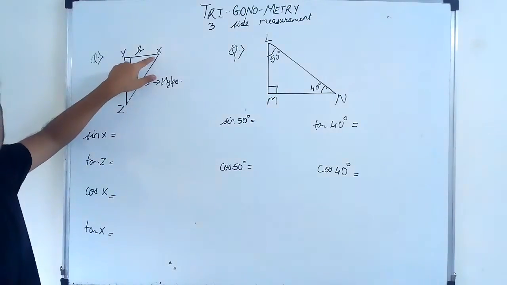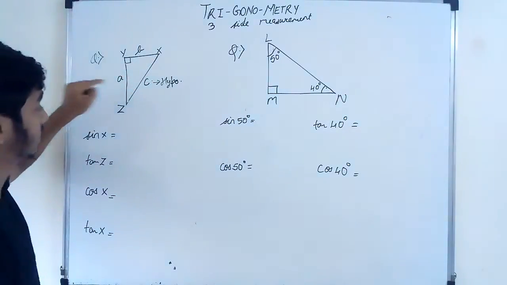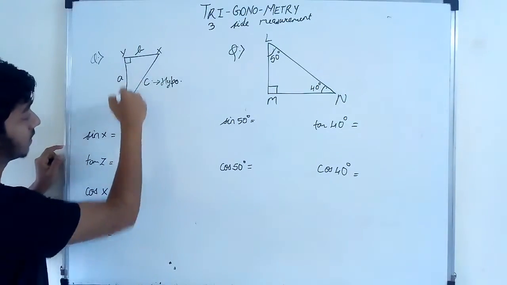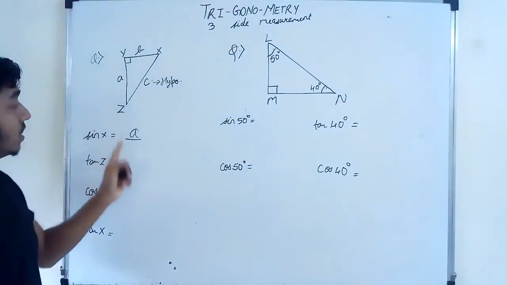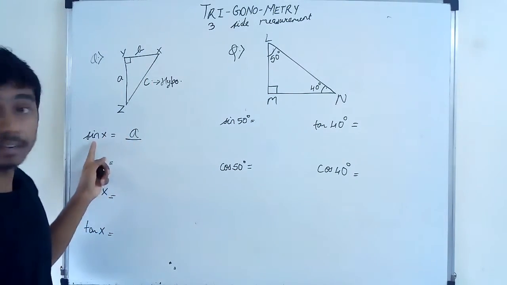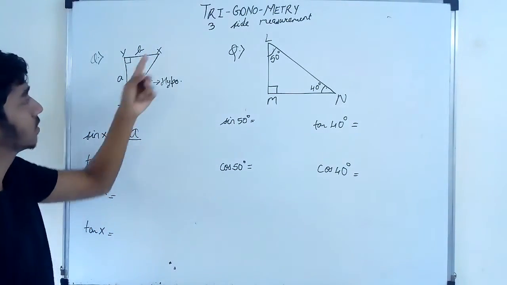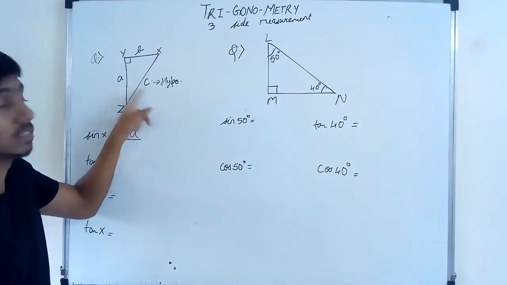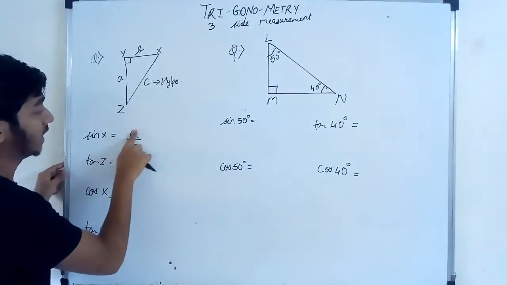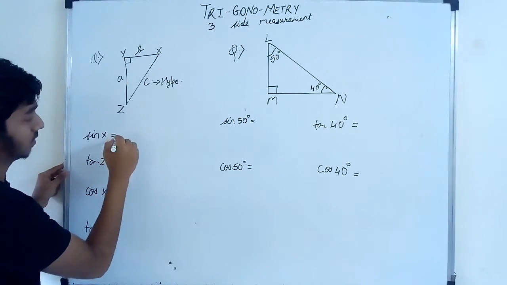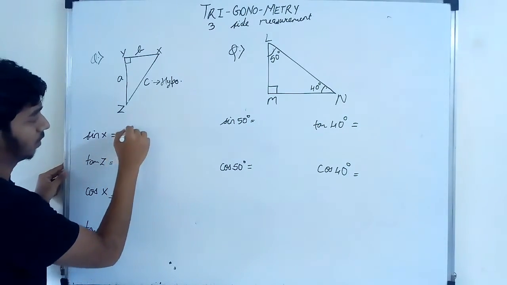Yes or no? So this is yz. Therefore we can say sine x is opposite upon hypotenuse, right? For sine. So hypotenuse is xz, which is c.